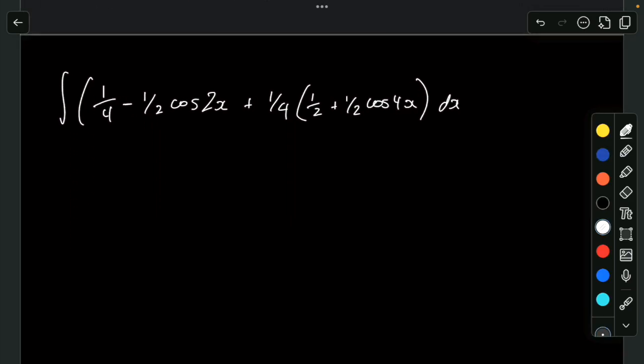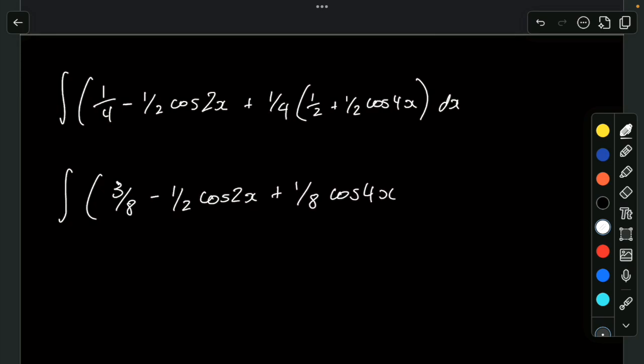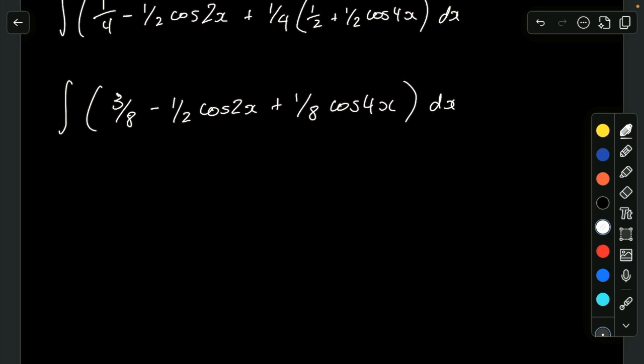Right, and then now we can simplify this. So if we simplify this down, we get 3 over 8 minus a half cos 2x, plus an eighth cos 4x dx, and then finally we just integrate it.